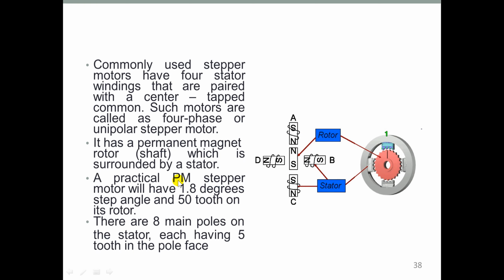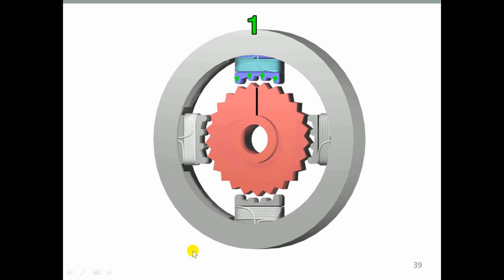There are 8 main poles on the stator, and each has 5 teeth on the pole face. It is the first magnet we have shown in the diagram.